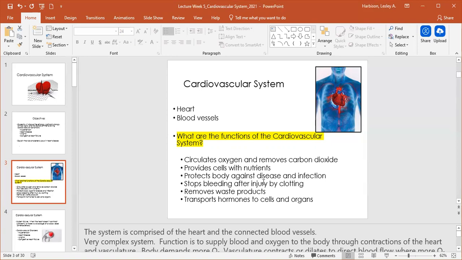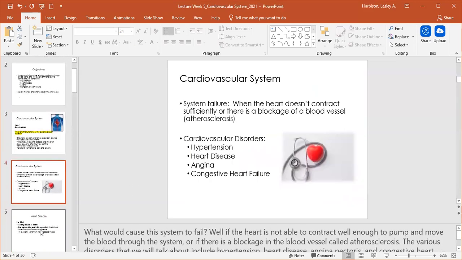Stops bleeding at the site of an injury with the clotting factor. We have the clotting factor in our blood. It removes waste. So that's why people who have kidney disease have to go on dialysis, because they're not able to cleanse their blood. And then it transports hormones and endogenous chemicals throughout the body. So lots of important factors there.